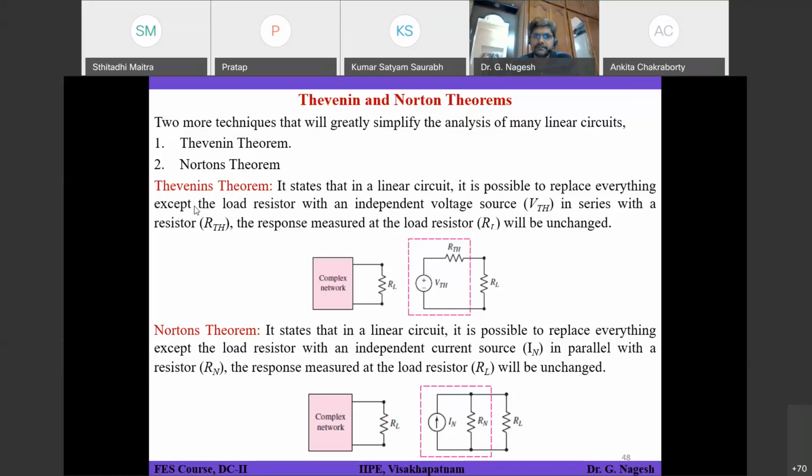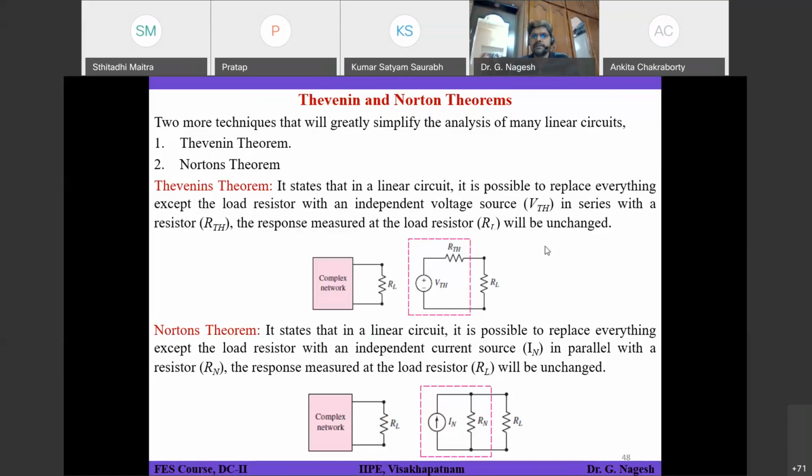So it is possible to replace everything except the load resistance with an independent voltage source, which we represent with VTH because it is Thevenin's theorem, in series with a resistor called RTH. The response measured at the load resistance RL will be unchanged.